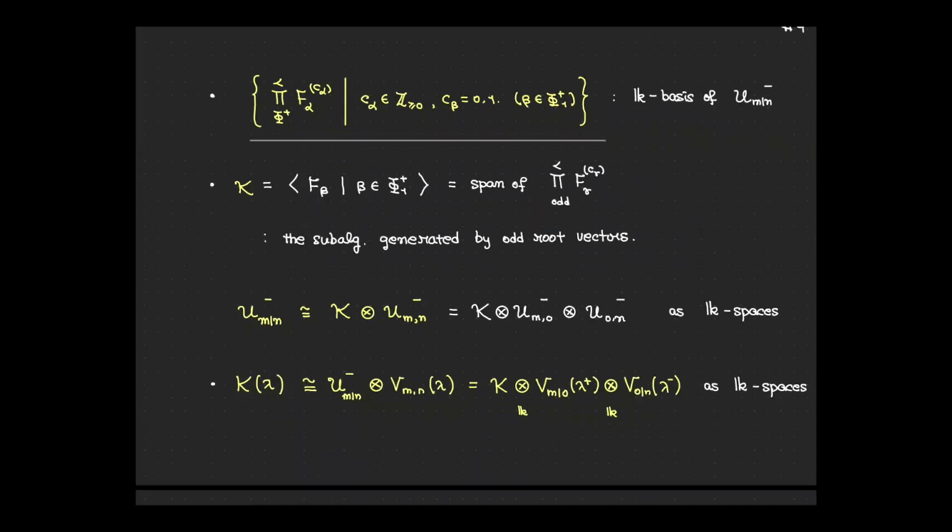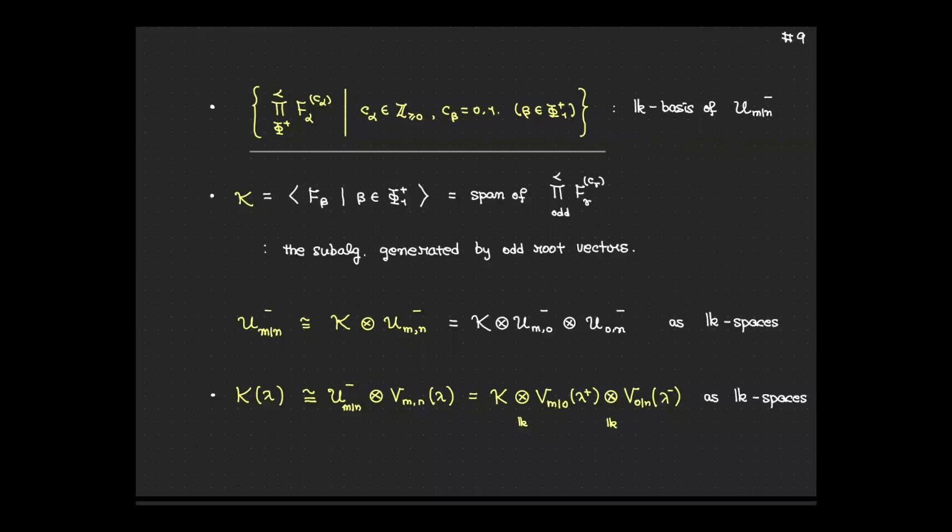Using this fact, we can decompose the negative part of the quantum group in the following way. We can separate this algebra into K and the negative part of the Levi subalgebra, the quantum group of the Levi subalgebra, U_{m|n} minus.